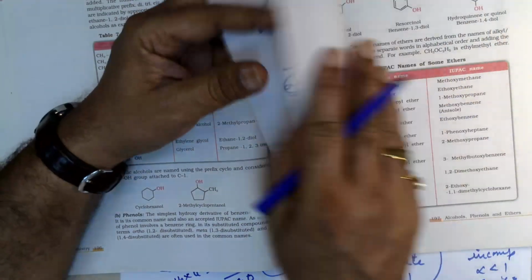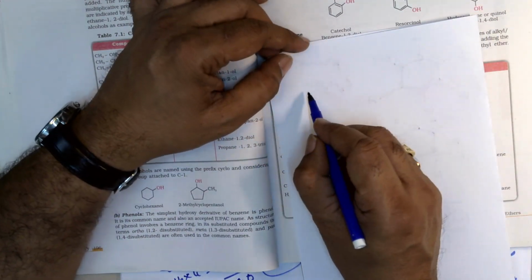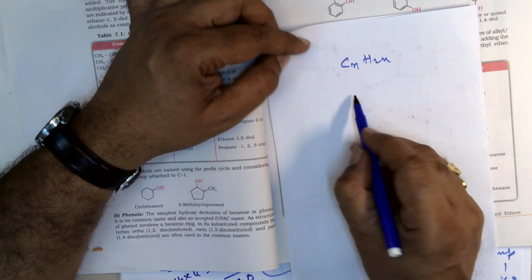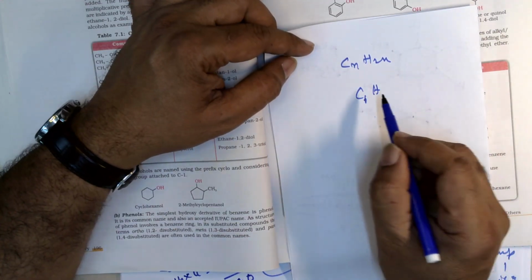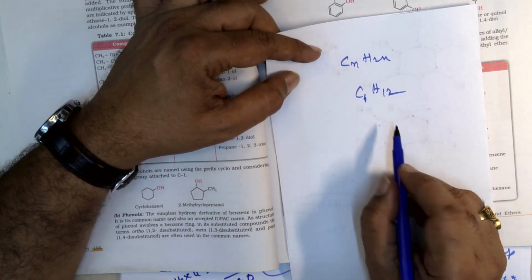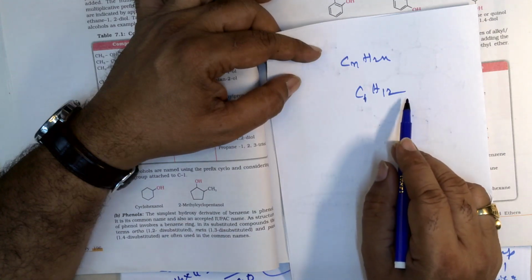For example, let me consider, can you tell me any alkene with, say, about six carbon atoms? CnH2n, let us work out. C6H12. So that is a hexene, and you can have cyclohexane also.